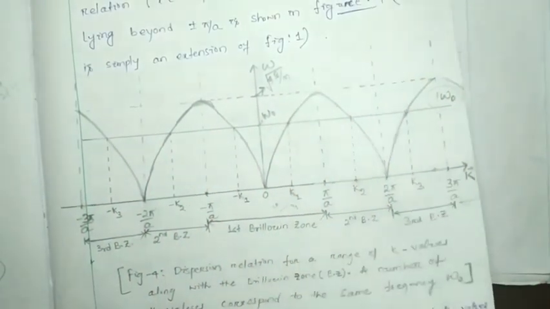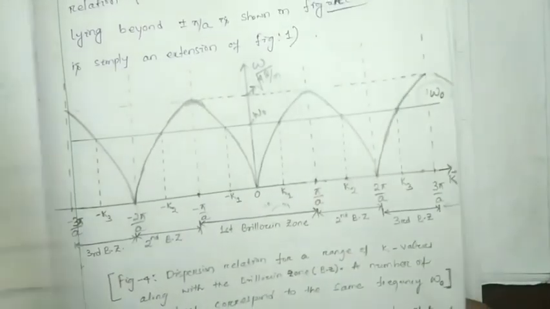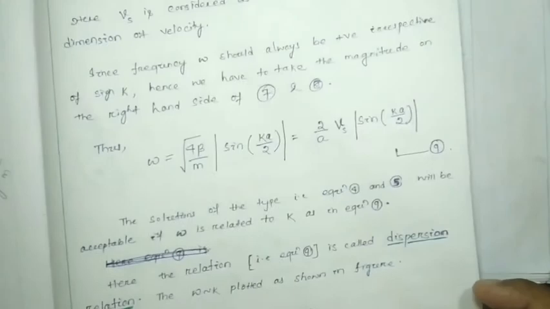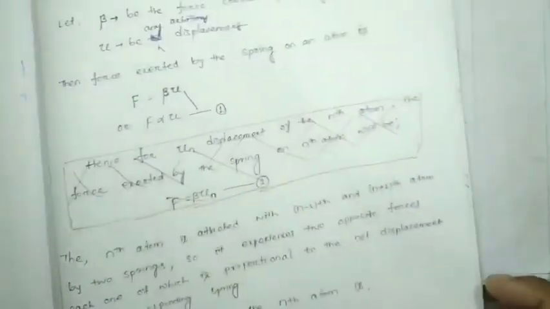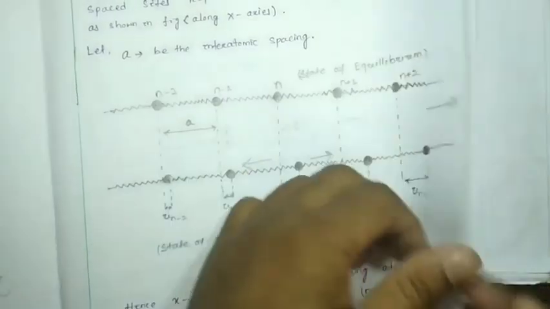So this is all about the discussion of the one-dimensional monoatomic lattice vibration. We have discussed it. Go through these two videos, write down the notes properly and prepare for your exam.